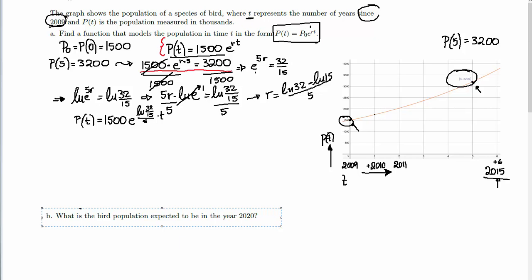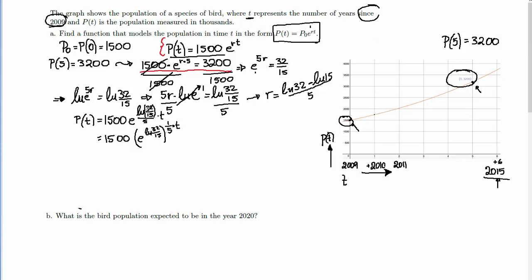Well, if you look at your exponent right here, you have e to the ln of a number, and the number is 32 over 15, divided by 5. I can replace this by, let's look at it, everything else stays the same, so 1500 stays the same, and then I have e to the ln of 32 over 15, to the 1/5 times t.